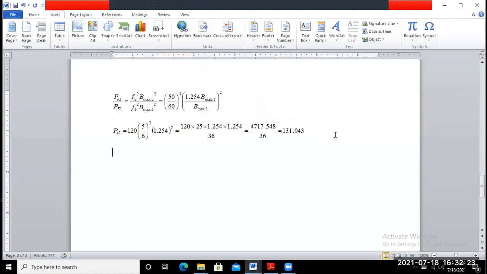So this is your eddy current loss in the transformer operating at 230 volt 50 hertz.